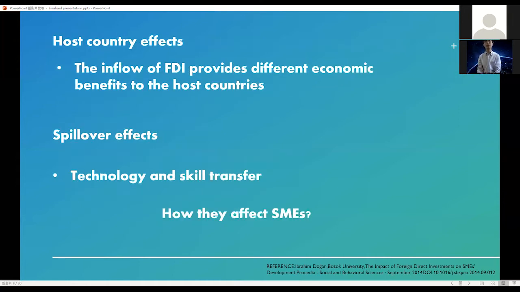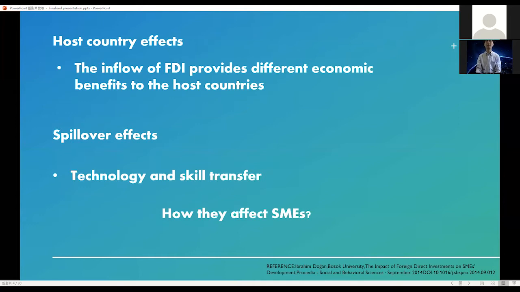And in the following discussion, we are going to talk more about two effects in general. The first one will be the host country effect, that the inflow of FDI provides different kinds of economic benefits to the host countries. So what are those effects, and more importantly, instead of just looking at macroeconomic scales, how are they going to affect the development of SMEs?